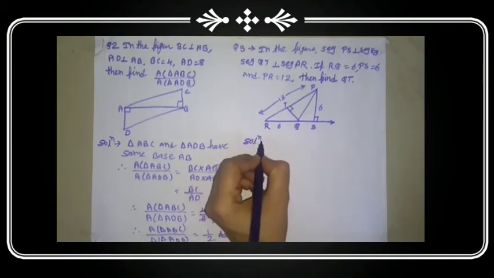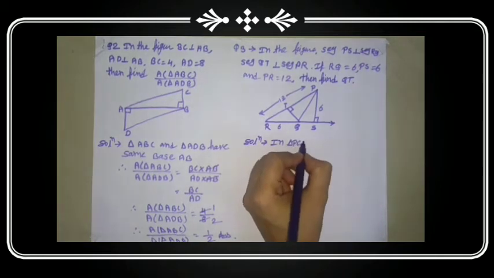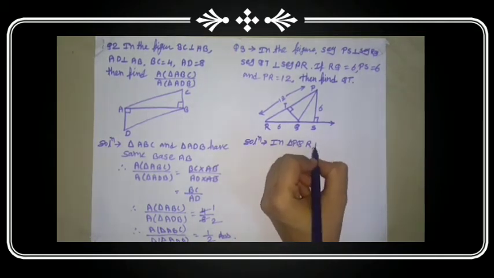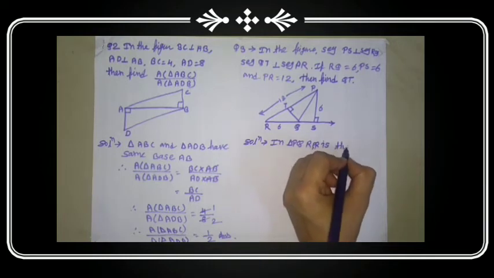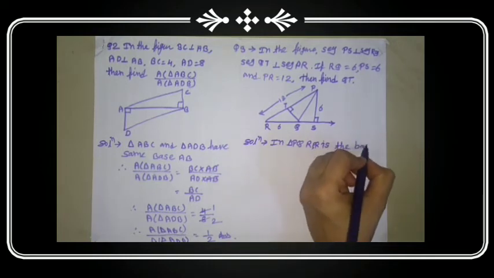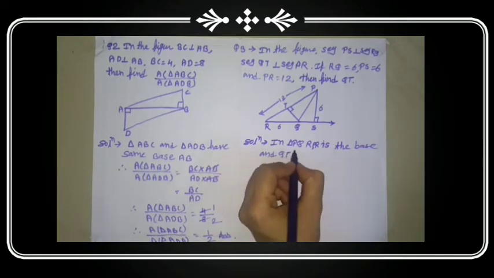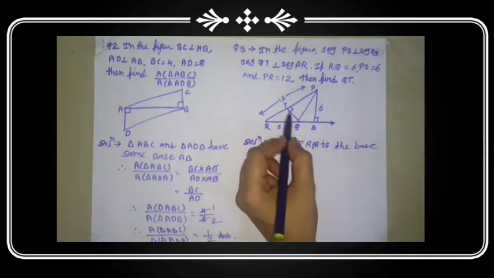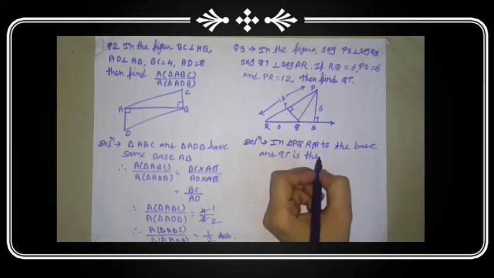Solution. In triangle PQR, PR is the base and QT is the corresponding height.